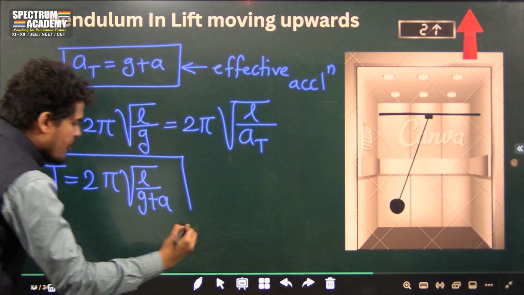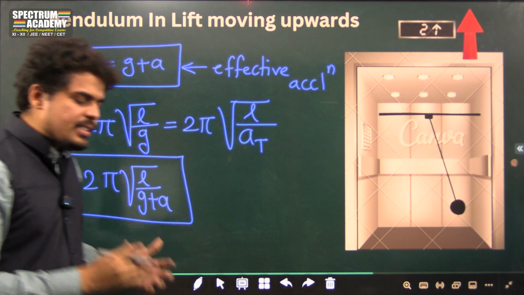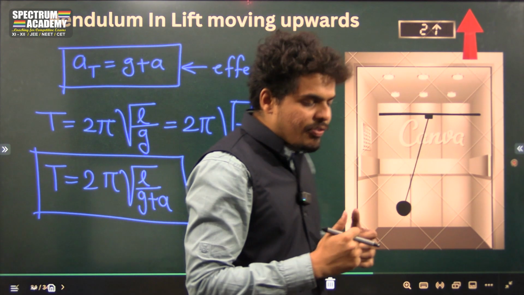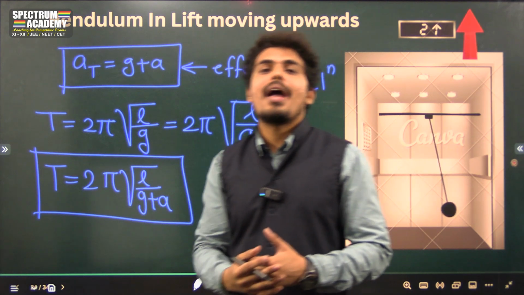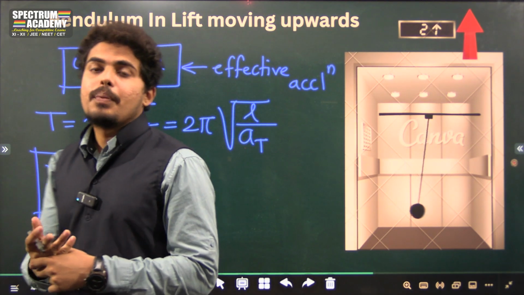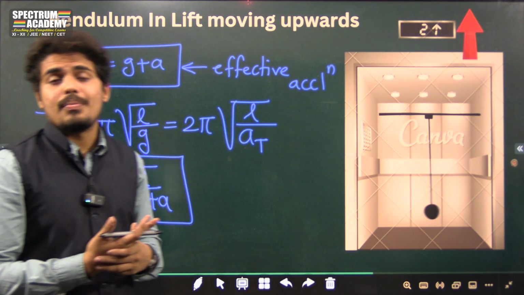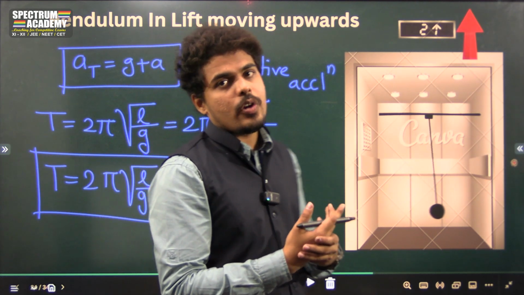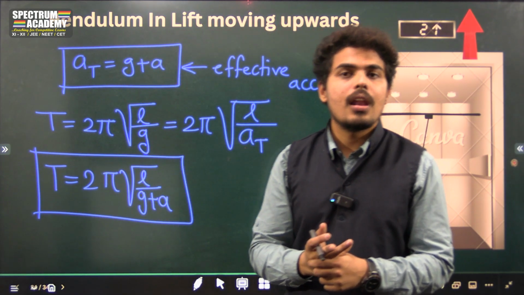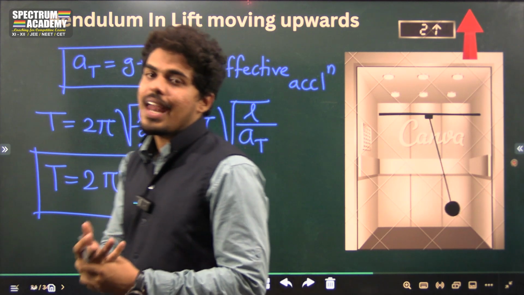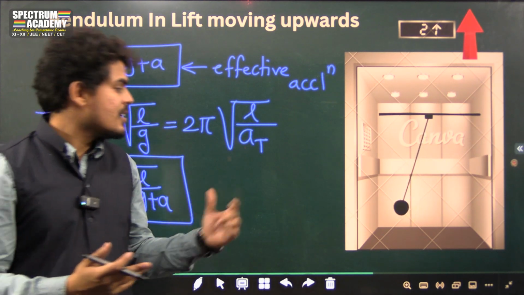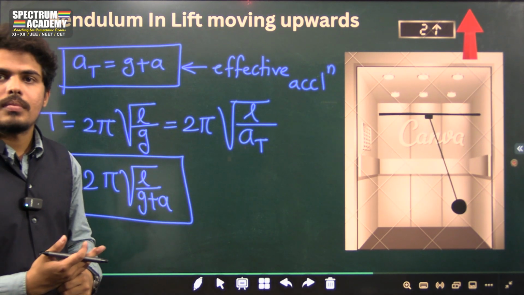So if your pendulum is in the lift and the lift is moving upwards with some acceleration a, then the period of the simple pendulum is given by capital T equals 2 pi under root of L upon effective acceleration, and this effective acceleration is g plus a.